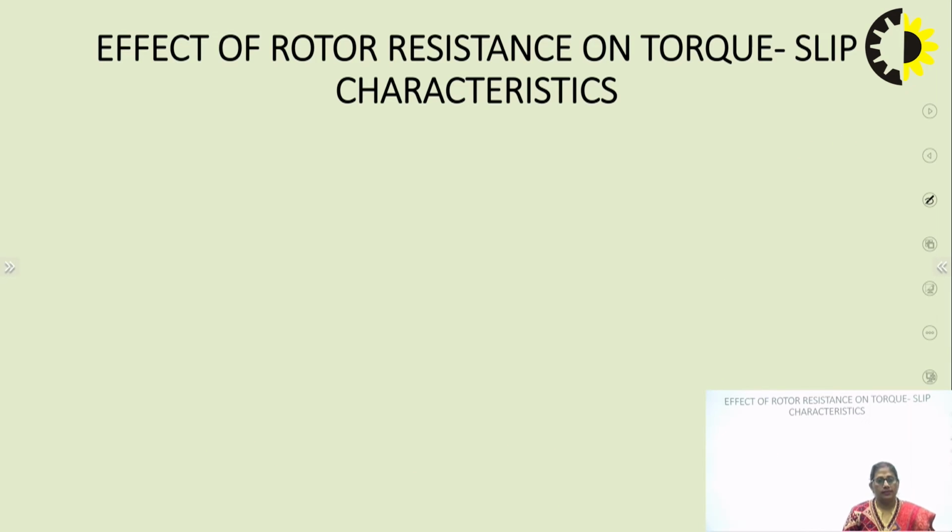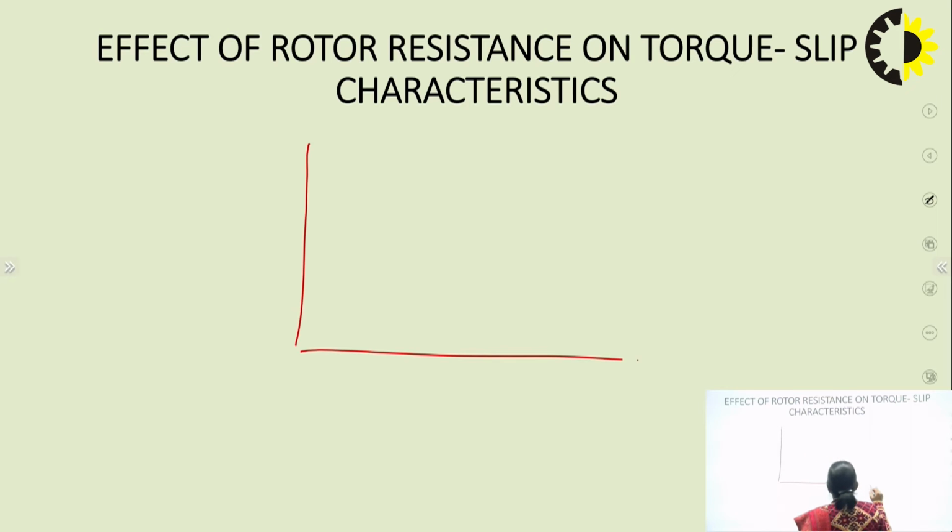Now, what is the effect of the variation of rotor resistance on this torque slip characteristics? Right? We have seen the torque slip characteristics. We can once again be plotting it. If at all I just see, this is the torque, this is slip.